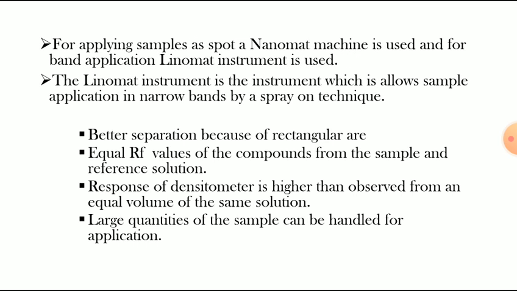The Linomat is the instrument which allows sample application in narrow bands by the spray-on technique. Narrow, that is generally in rectangular form. That means it will spray the sample on the TLC plate.